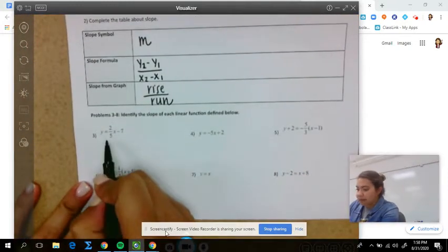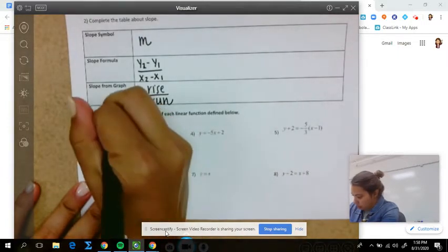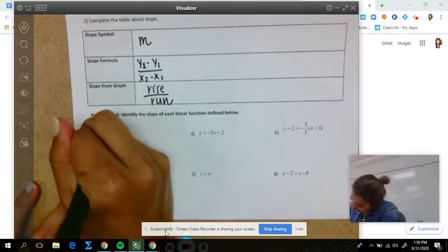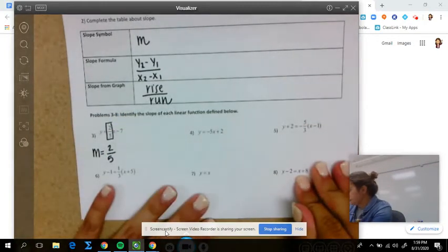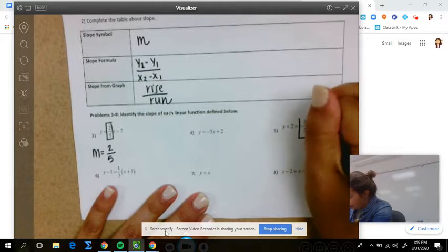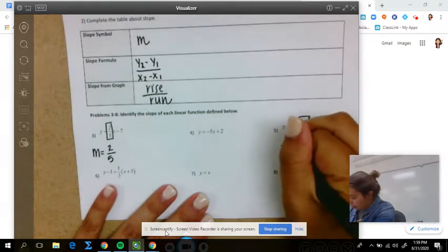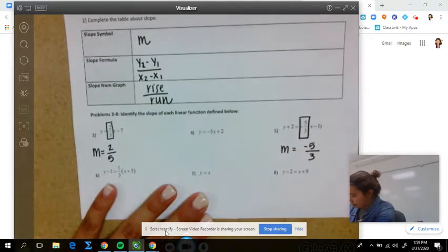If you're given y is equal to 2/5 x minus 7, your slope is 2/5. So m is equal to 2/5. If you look at number 5, your m is out in front of your parentheses in terms of where your x is, so our slope here is -5/3.